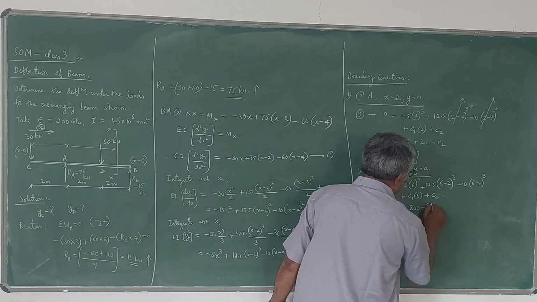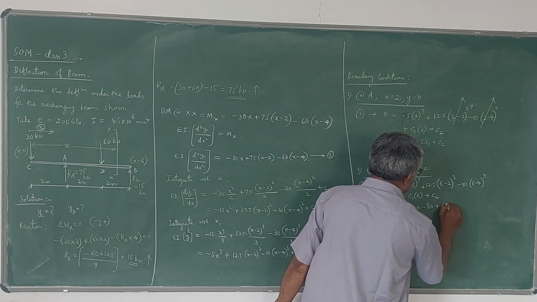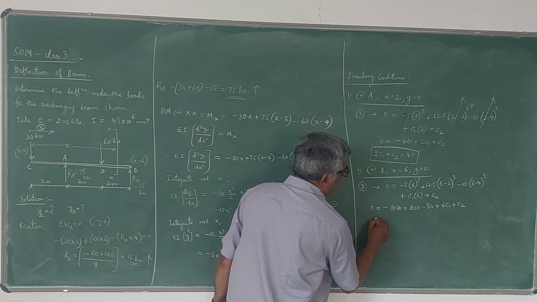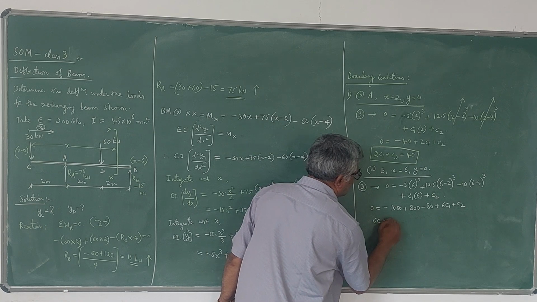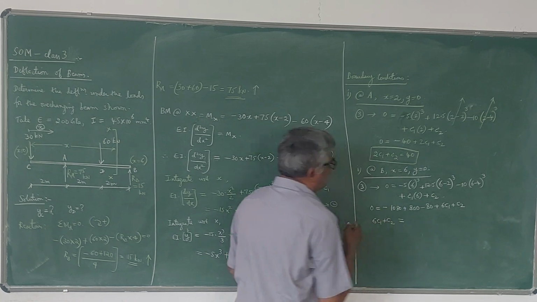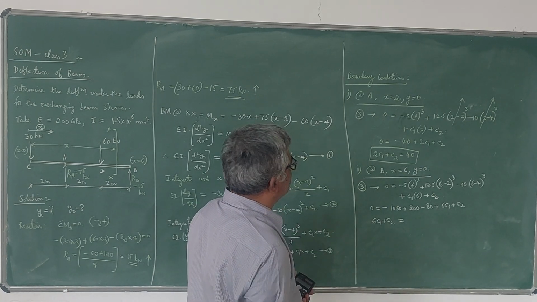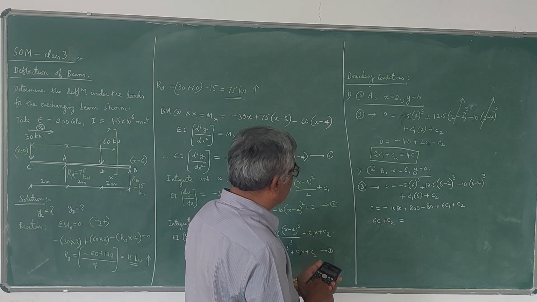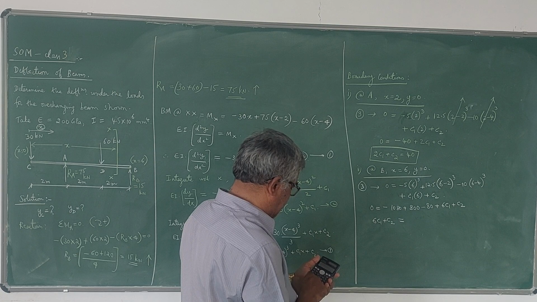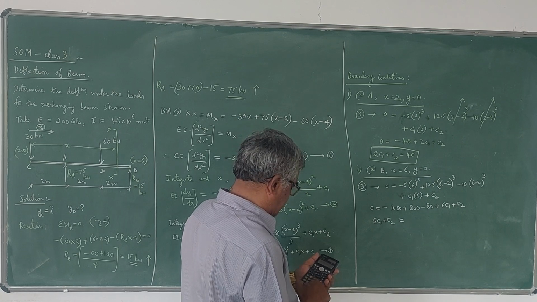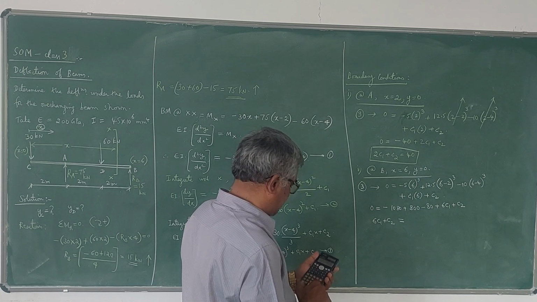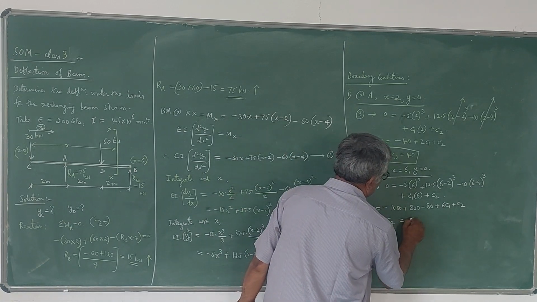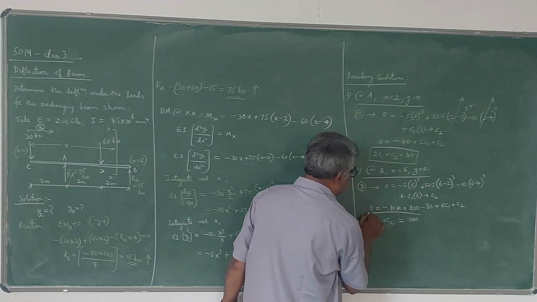So minus 80 plus 6c1 plus c2. So if you simplify this, 6c1 plus c2 will be equal to, you bring all those terms to this side, so it becomes 1080, becomes positive, minus 800 plus 80. So it becomes 360. So this is the second equation.